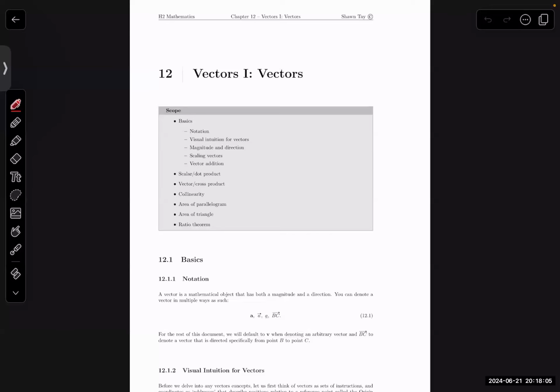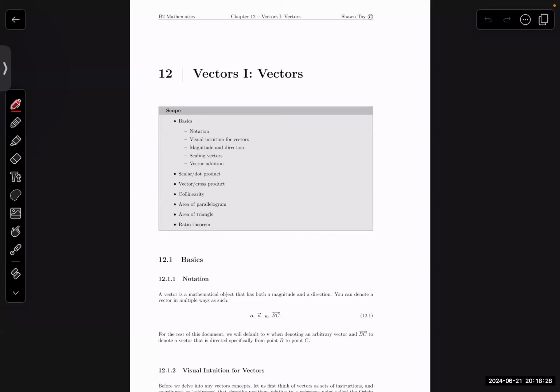So I want to slow down for this first part so that we can really dive into the visual intuition on vectors before we talk about all these different examples on how to apply things like your dot product and cross product to solve problems involving lines and planes.